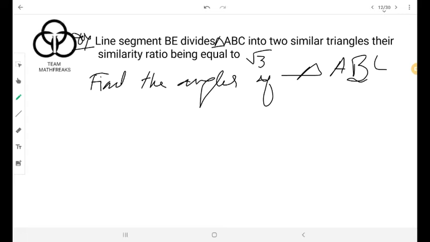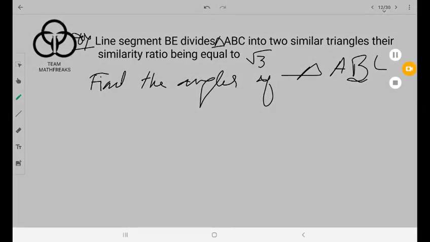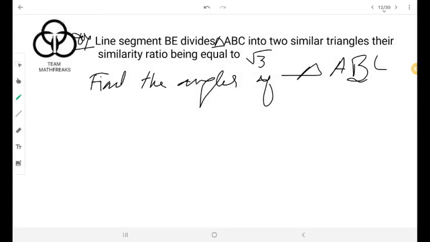Should I solve it? Okay, I should solve it. You can try more. Draw the triangle, you'll get it.